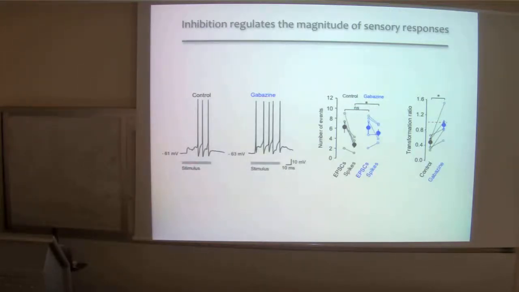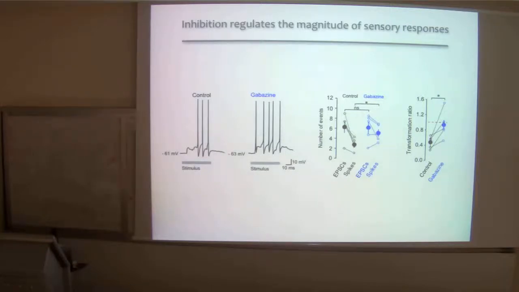We apply our 60 millisecond air puff, a brief air puff to the whiskers in the upper lip area, and you get a number of EPSPs that summate until it reaches threshold, and then on average you get a burst of 3 spikes. And this is pretty faithful and reproducible. Each time you give the same sensory stimulus to the same granule cell, on average you'll get 3 spikes plus or minus limited variability.